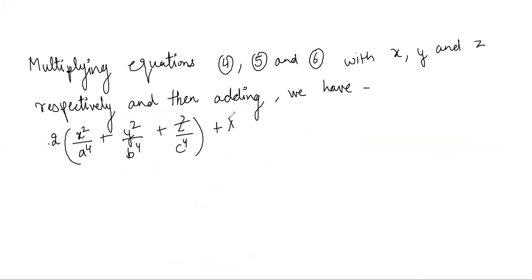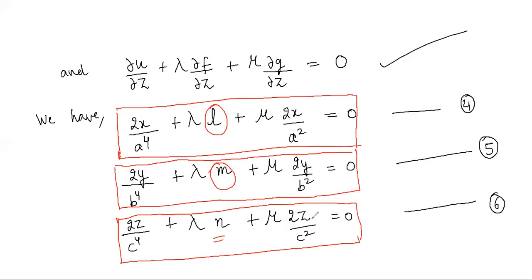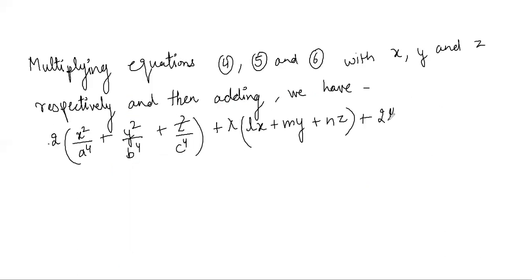Then we have lambda common, Lx plus My plus Nz. This we have already discussed. And if we see the last term of all these three equations, then this 2 mu is common. So if you take this 2 mu common, we will be having x square upon a square plus y square upon b square plus z square upon c square.